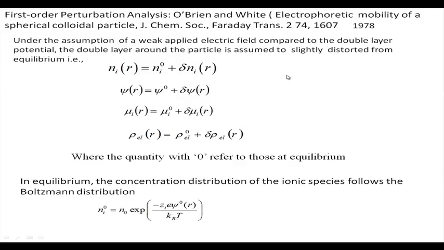The applied electric field is taken to be weak enough so that you have a first order, negligible distortion of the double layer. So, the superscript 0 is the equilibrium, and due to this applied electric field you have a distortion, which is the next term.